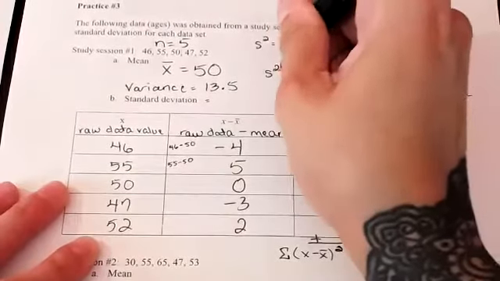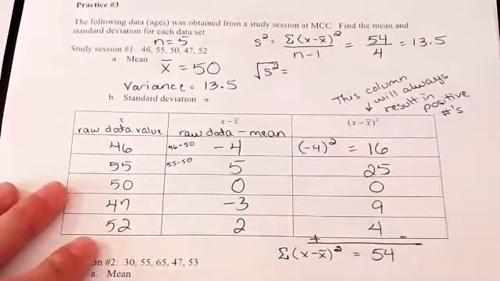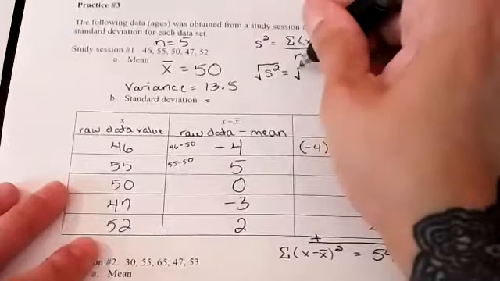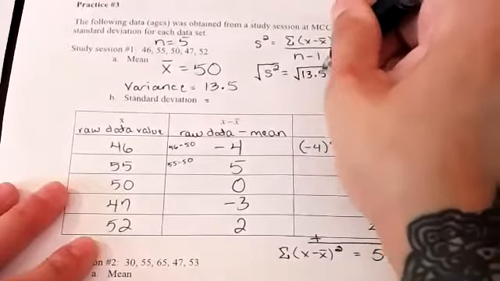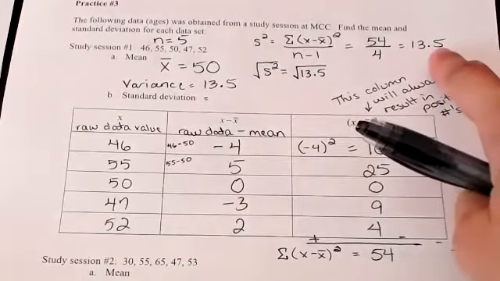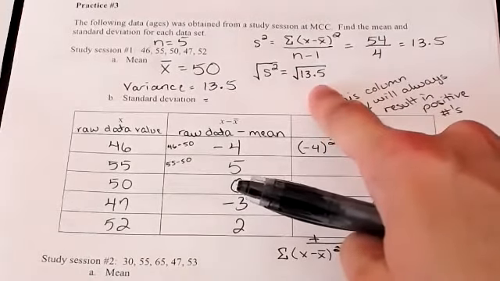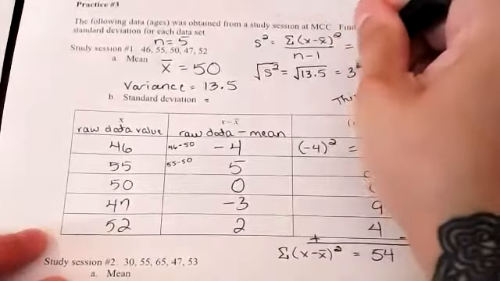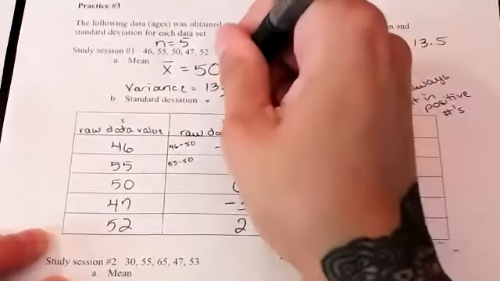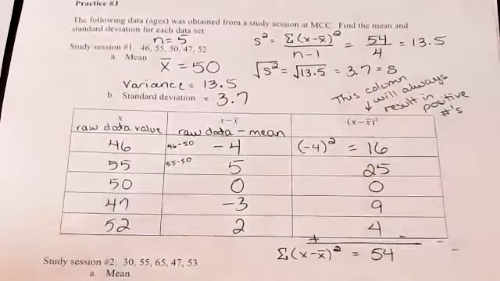If you square root it, that's what's going to give us standard deviation. So let's square root 13.5, and let's round to the nearest tenths place. We have 13.5, that's one place after the decimal. So when we take the square root, let's round to one place after the decimal. And that's going to be 3.7. So the standard deviation is 3.7, and that's lowercase s.